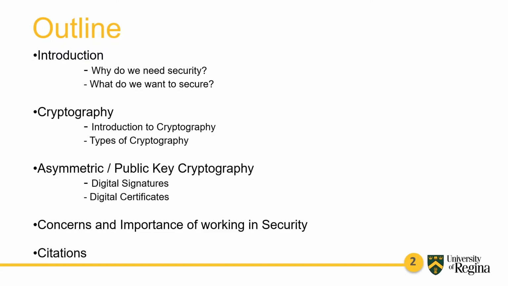We then talk about the types of cryptographic methods. After that, we expand in depth about the public key or asymmetric key cryptography methods. In doing so, we learn the process and applications of digital signatures and certifications that we see being used in a lot of modern day digital communications.